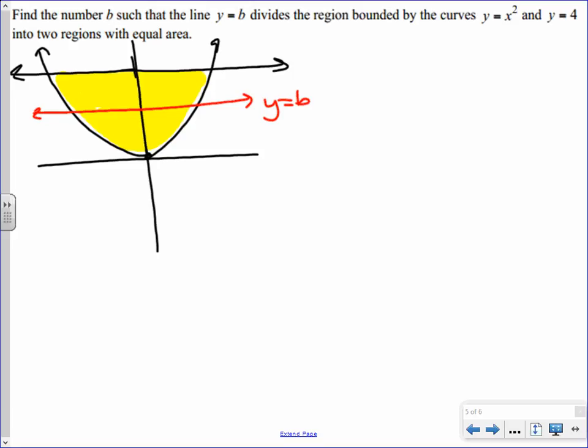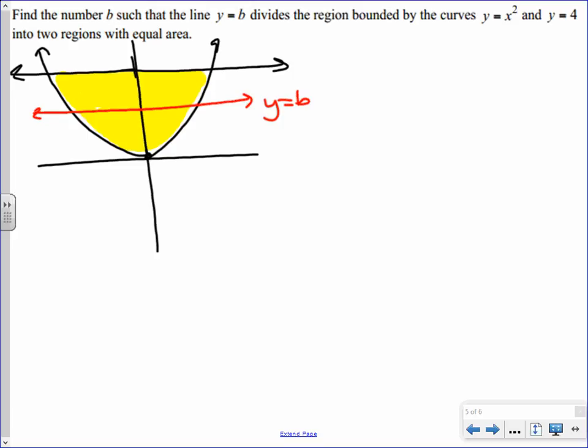Now, it is not going to be y equals 2. You can see that the parabola gets wider as we get further away from 0. And so y equals 2, yes, is halfway between 0 and 4, but it's not going to split that region into 2 equal areas. Okay?